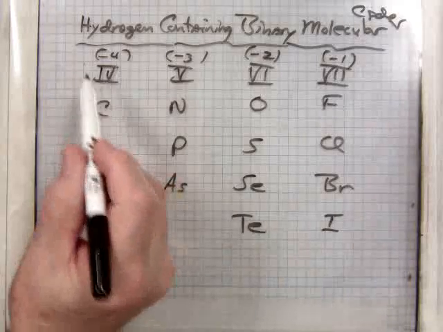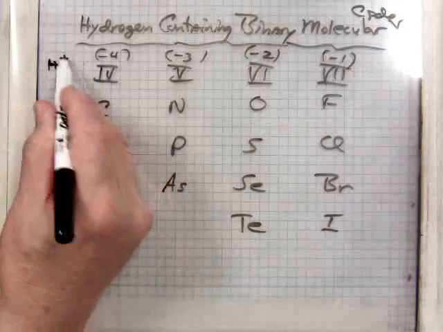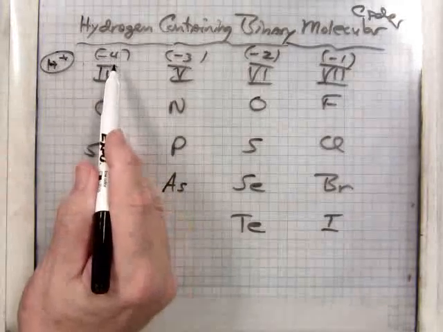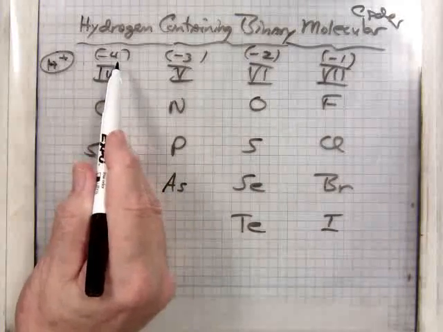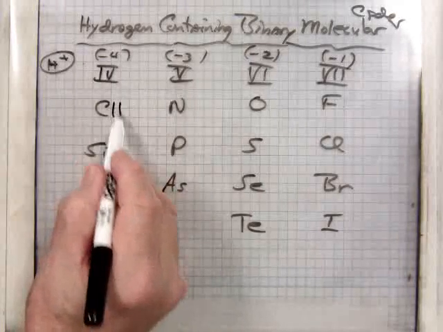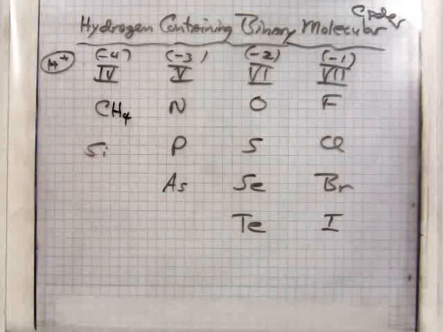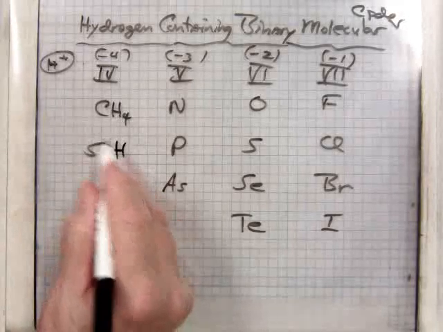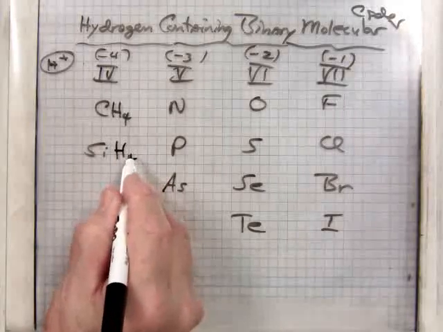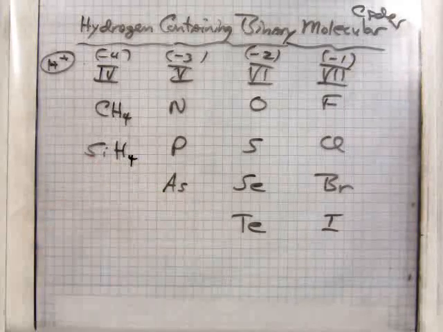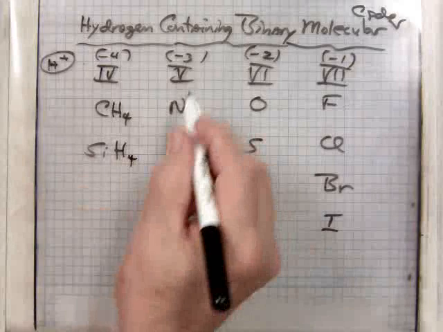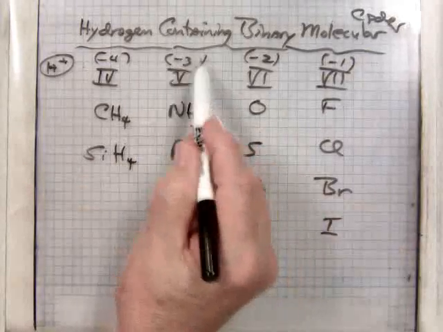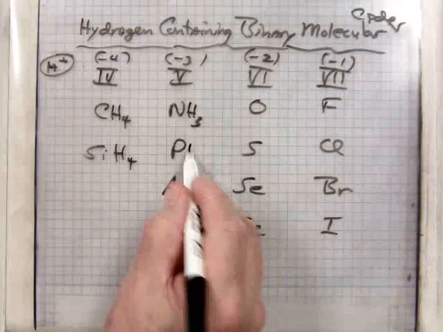So if we take hydrogen as a +1 oxidation state, how many hydrogens would you need to neutralize 4 negatives? Well, 4. And so we put 4 hydrogens on that. Same way with silicon, it's a -4, so we need 4 plus charges, and so forth. Here, we need 3 hydrogens to neutralize 3 negative charges.